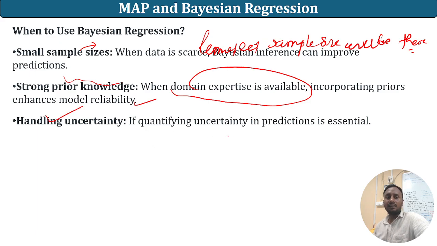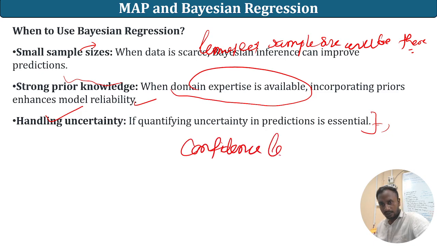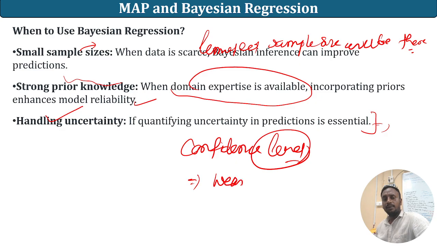If quantifying the uncertainty in the prediction is essential, we have to do uncertainty quantification to get good, accurate results. Once we go with any of the variables, we have to tell how confident the results are.